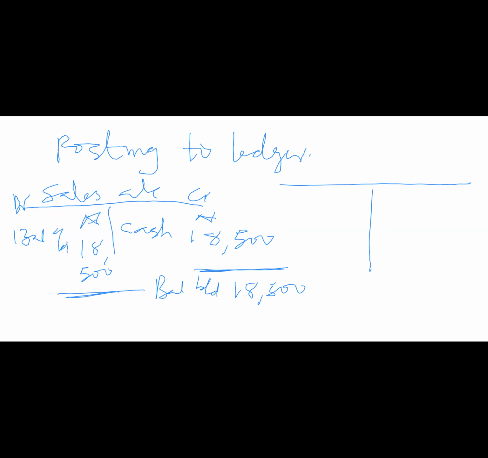The next one we are going to post is purchase accounts. For purchase accounts, under the cash book, purchase was credited, but in the ledger you will debit purchase, which is cash of how much?